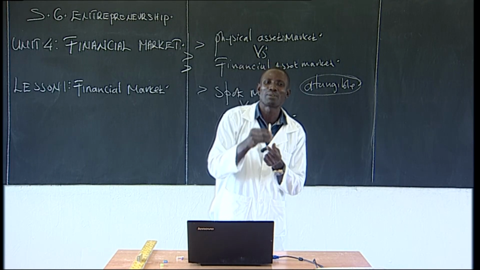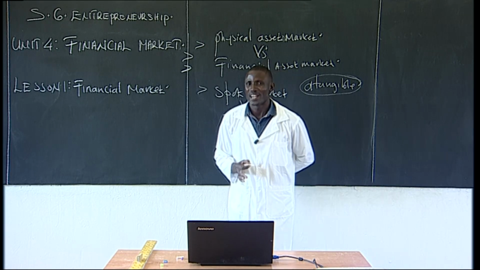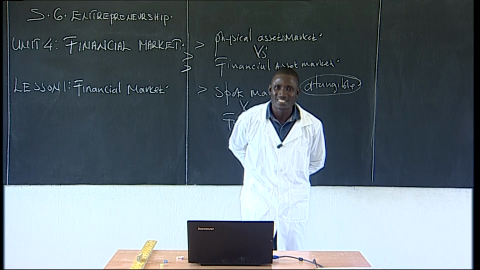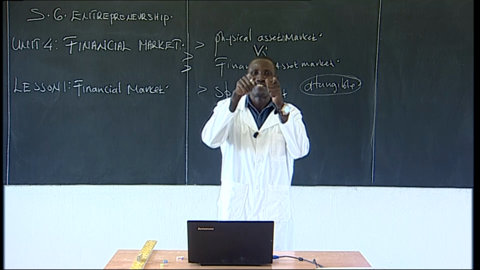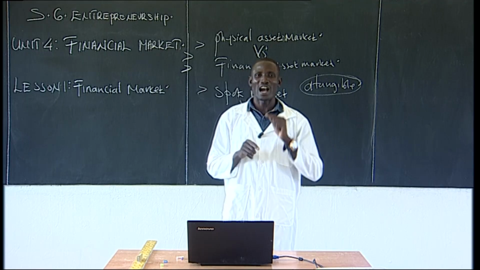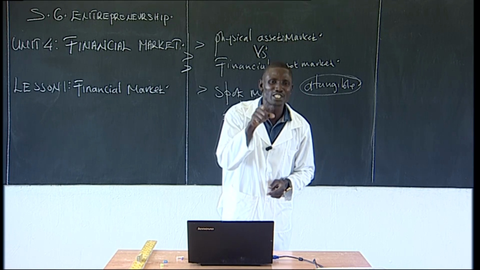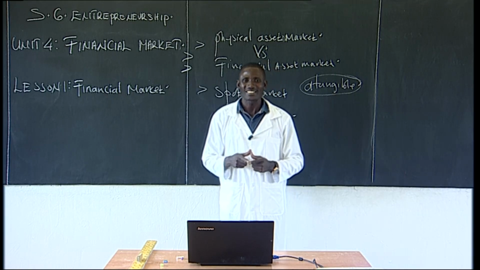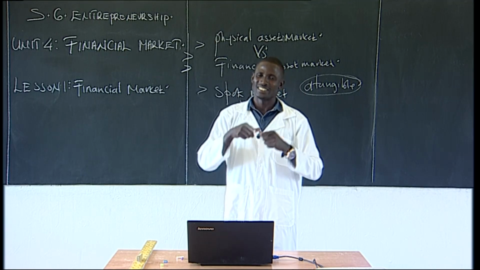In other words, a physical asset must be tangible, like this chalk. This chalk is tangible. Are we together? A chalk is tangible, meaning that it is a physical asset. Your books, that book you have now, and the pen you are using to write, are tangible. They are physical assets. The table where you are writing is also a physical asset.